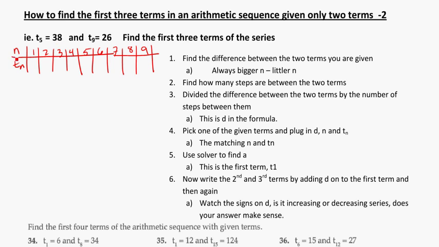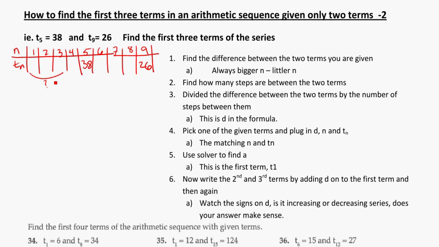So we could fill in this table. We don't know the first few, but we know that term number 5 is equal to 38, so we would put 38 down here. And we know that term 9, so the ninth term, is equal to 26. And what they're trying to get us to figure out is, what are these first three terms? We don't know what they are.